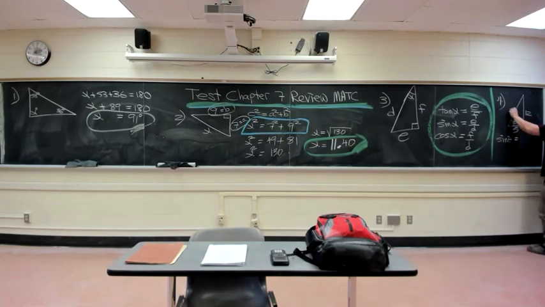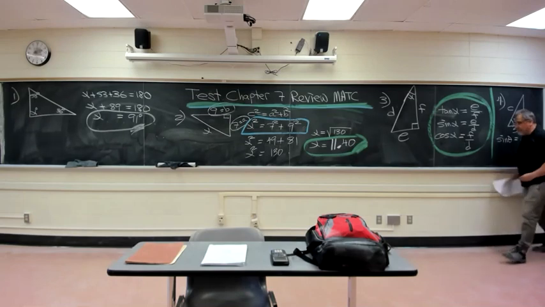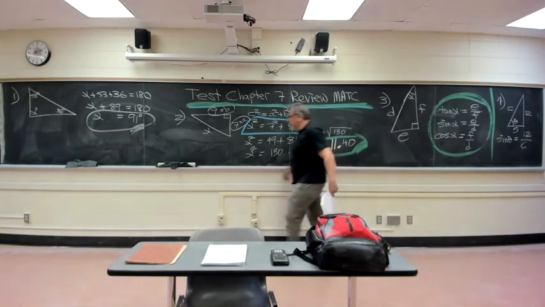Well, that's going to be tough. I've got to find what this guy is right here. To do it, it's going to be opposite, which is 12, over the hypotenuse, which is C. Yeah, that's all well and good, but now I've got to find it.